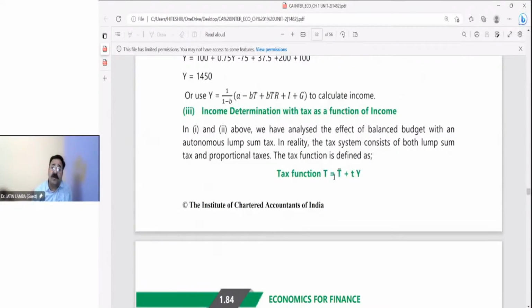Income. If one person has an income of 1 lakh, then 30% of that; for 2 lakh, 30% of that. As the income increases, the percentage is the same, but the value will increase. So tax as a function of income will be some autonomous part T bar plus t y. Small t here denotes the tax rate. I have already told you small t here denotes tax rate.